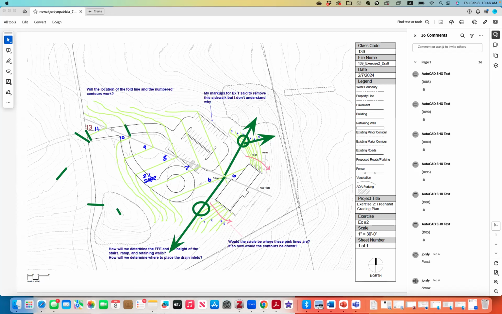You could even divide this into 3 relatively evenly spaced contours. So now you have 12 here. And 11. And 10. Okay, so your entry drive will be relatively uniformly graded.